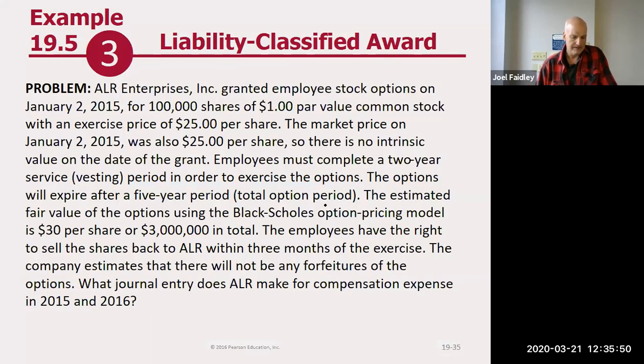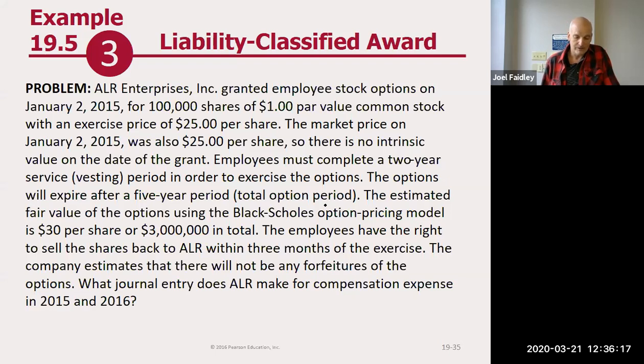So here we've got ALR, which granted employee stock options on January 2nd, 2015, for 100,000 shares, one dollar par value common. That only comes into play when you actually exercise the options. Exercise price of $25, meaning they want the stock price to be north of $25 in order for these to be exercised.